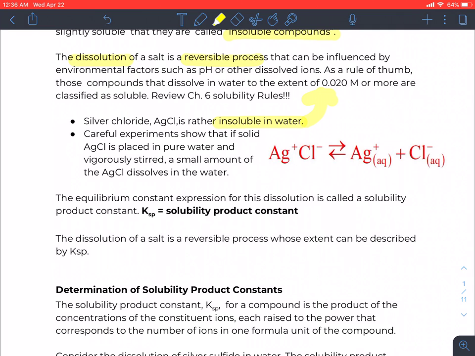Careful experiments show that if solid AgCl is placed in pure water and vigorously stirred, a small amount of AgCl dissolves. So we can use that knowledge and talk about what's called the solubility product constant. The equilibrium constant expression for this dissolution is called a solubility product, KSP. The dissolution of a salt is a reversible process that we can describe by KSP.